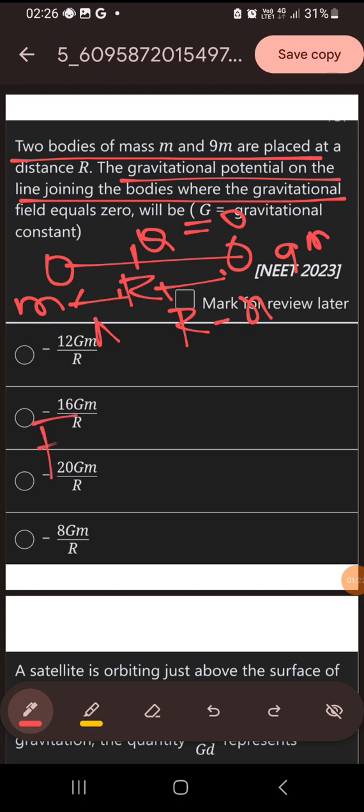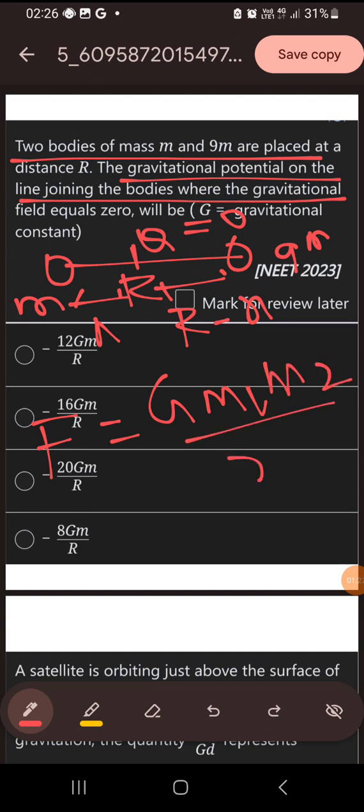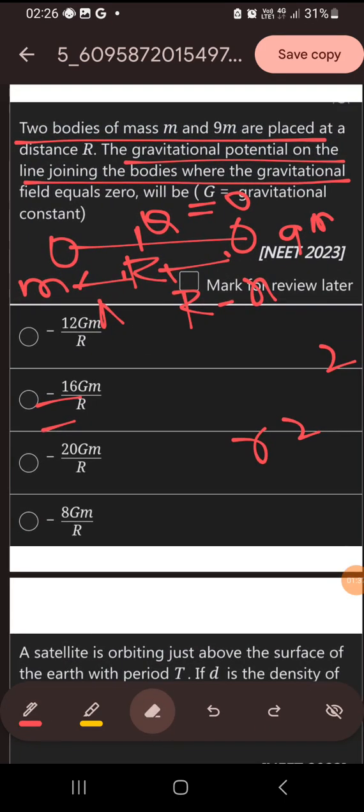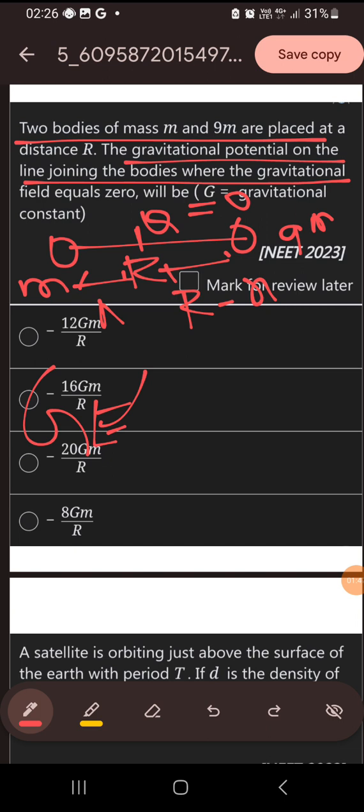At first they were asking about the gravitational field. You know the formula for force: G m1 m2 by r square. But we simply need the formula for gravitational field. We are going to deal with only a single mass at a time.